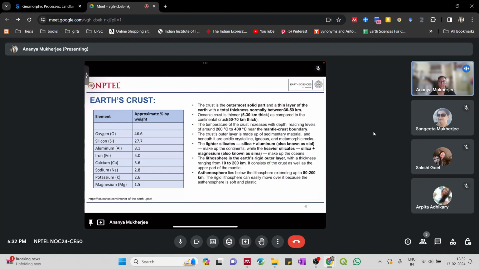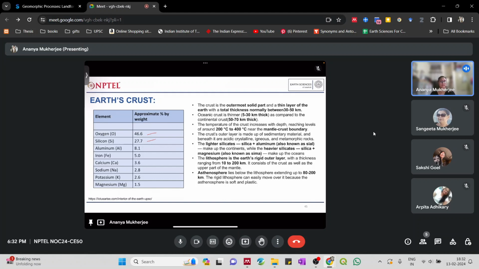So you can see that in this table the approximate percentage by weights are given, and over here also you can see that your oxygen and silicon are at a higher range. And Earth's crust is where you will find most of your silicate minerals.